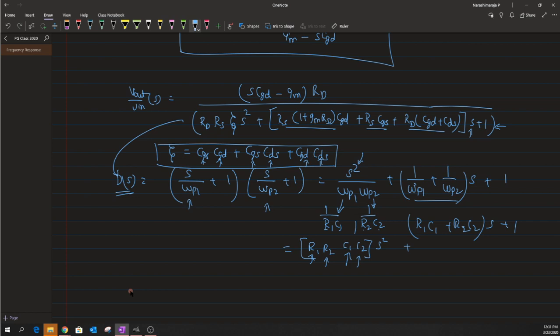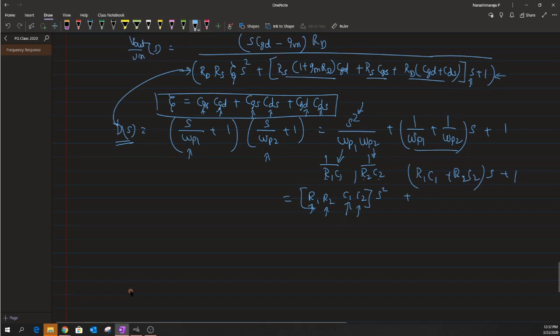So we need to strip down the value of omega p1 and omega p2 out of this coupled equation here. The way by which I can uncouple this expression and strip down the values of omega p1 and omega p2 is by making some sort of assumption.